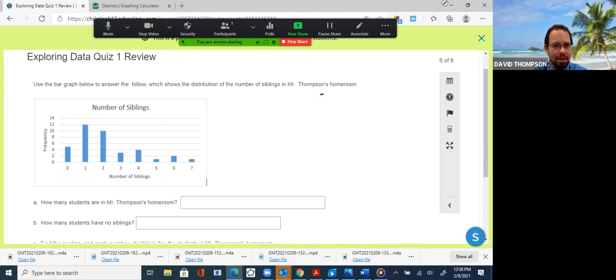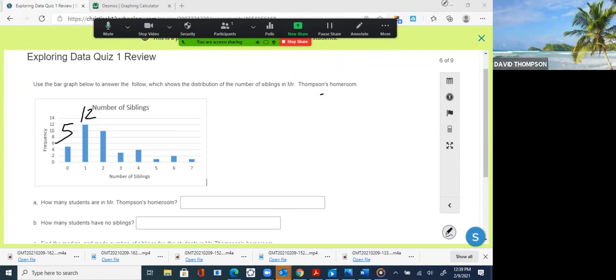Okay. Number 6, use the bar graph below to answer the following questions. What is the distribution of the number of siblings in Mr. Thompson's homeroom? So we have a bar graph and it says how many students are in Mr. Thompson's homeroom. So first we have to figure out how many are in each bar. So there's 5 in this one, and there's 12 in this one.